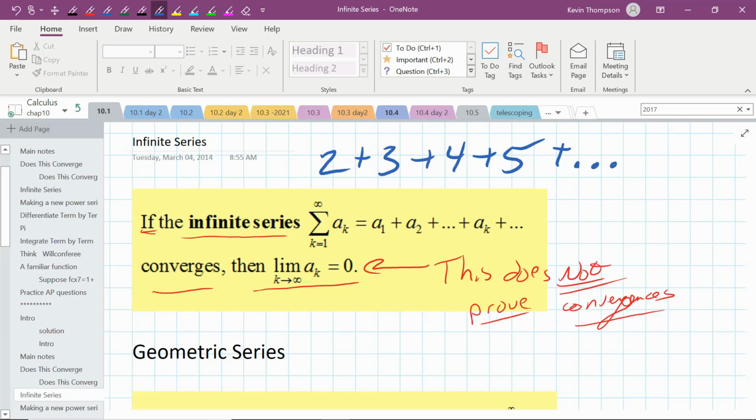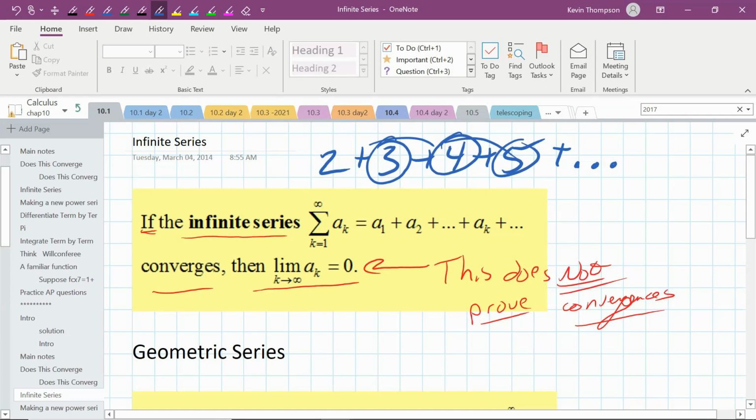Well, this statement is saying the only way that something could converge is if I'm looking at these numbers, it has to be getting closer to 0. Now, it has to actually just be getting closer to 0 at some point, because sometimes a sequence could increase and then start decreasing. That's possible. But eventually, as I move further and further out, it's got to start getting closer to 0.